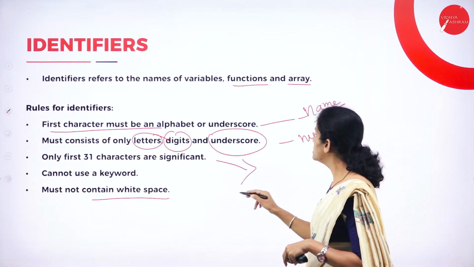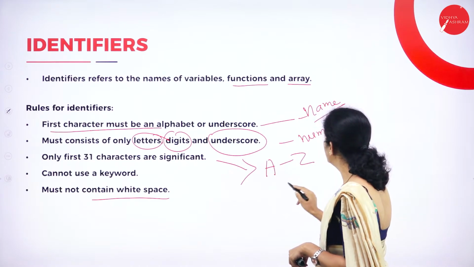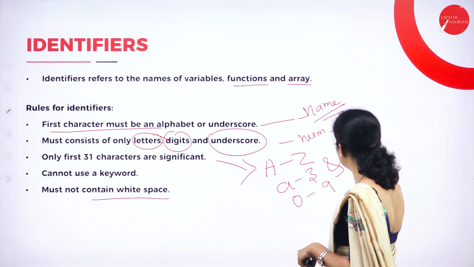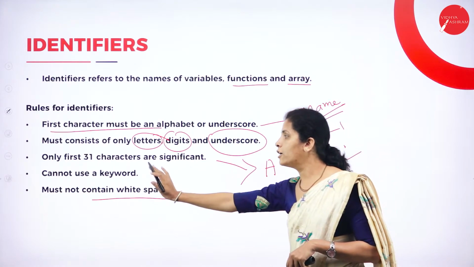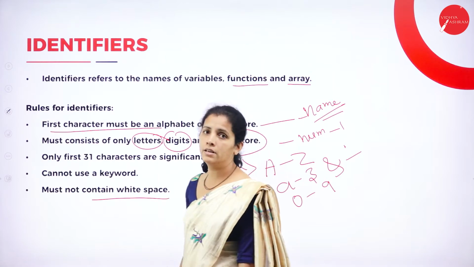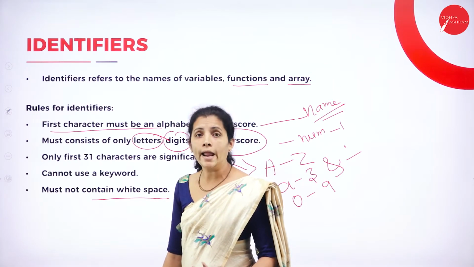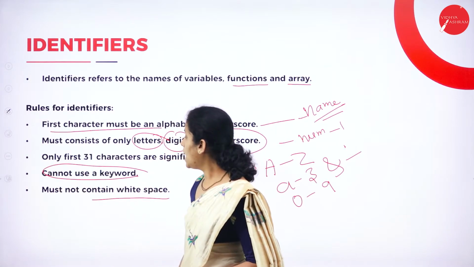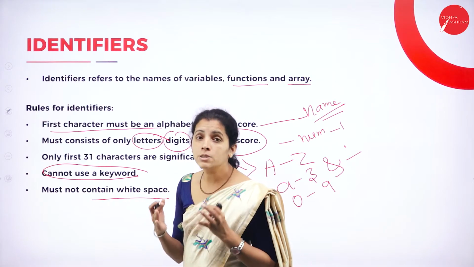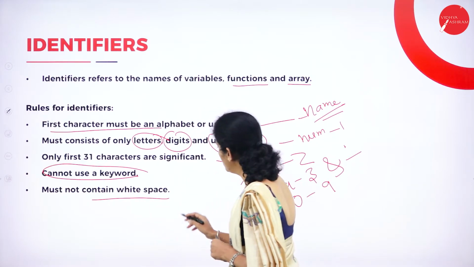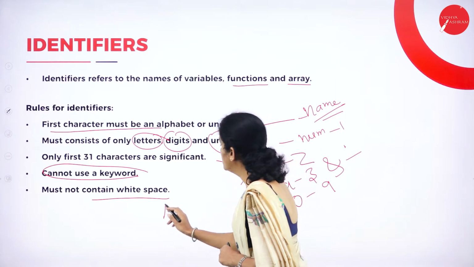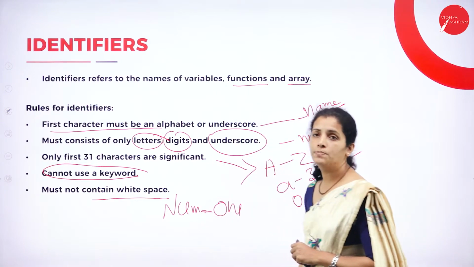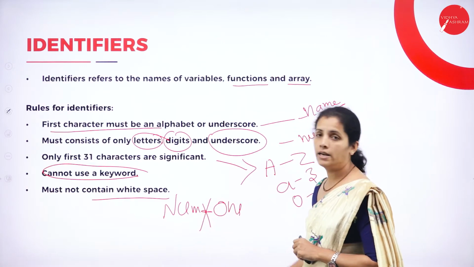Even I can consider A to Z, 0 to 9 along with underscore. And I cannot consider keywords like do, while, int, float, auto, extern. These are the things I cannot use. And I cannot give white space between two identifiers. For example, I cannot write "number 1". So I cannot give white space within an identifier.